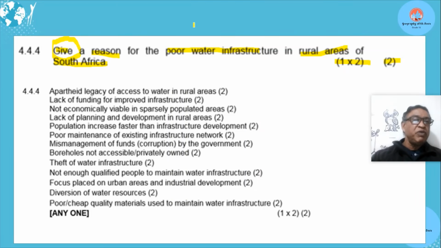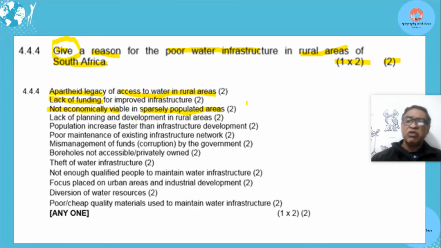So, of course, when we look at this, one comes out clearly: the apartheid legacy, where certain areas, rural areas, especially in black communities, were not developed. Lack of funding to improve water infrastructure, lack of money available, not economically viable in sparsely populated areas.